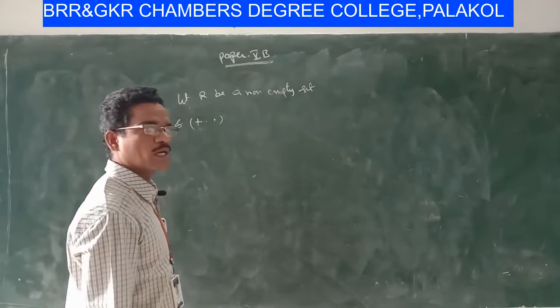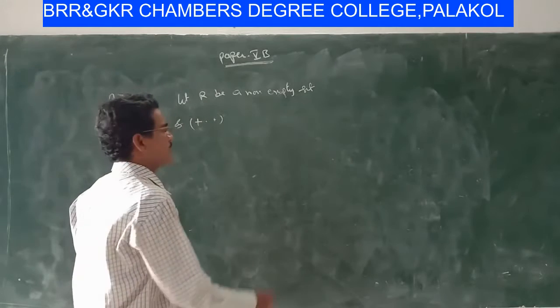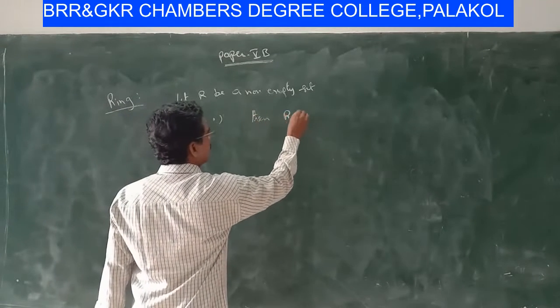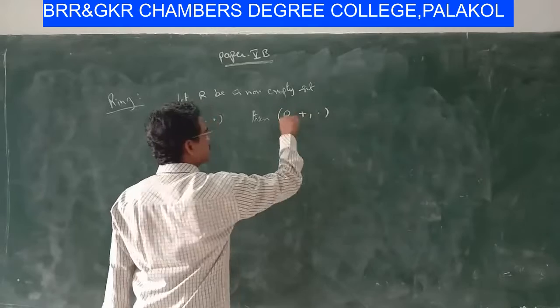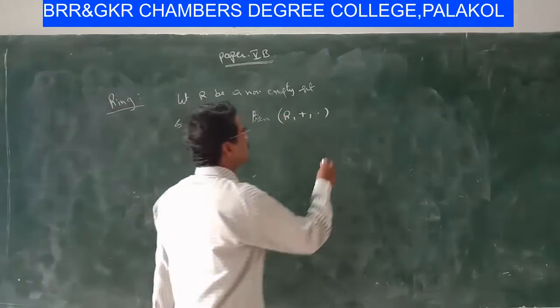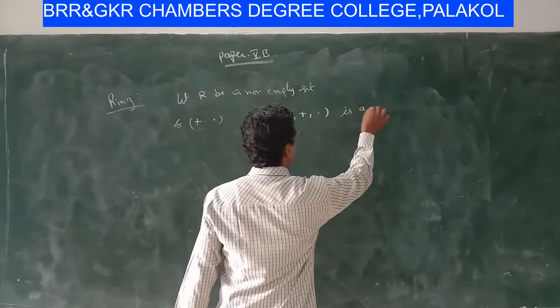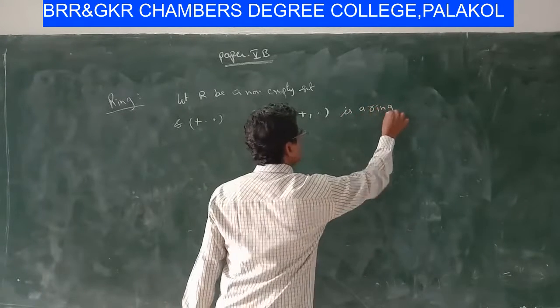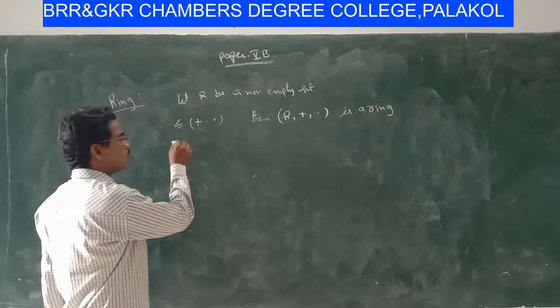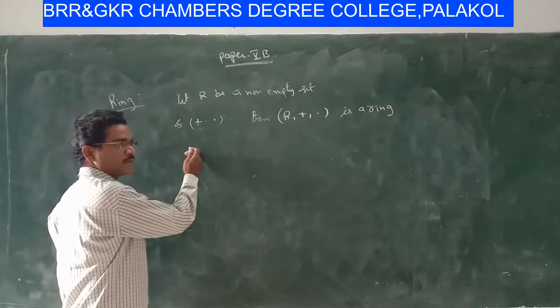Then R comma plus comma dot is a ring, then the following conditions are satisfied.